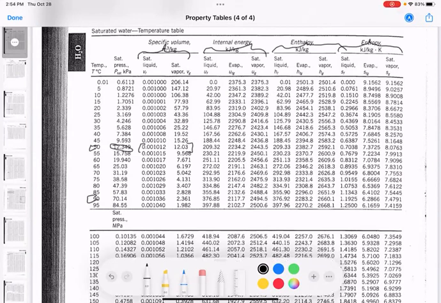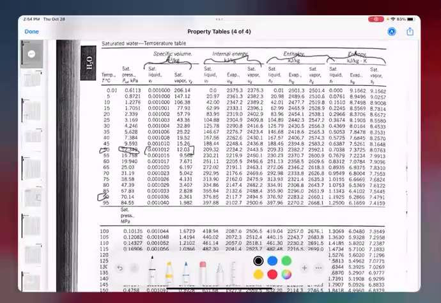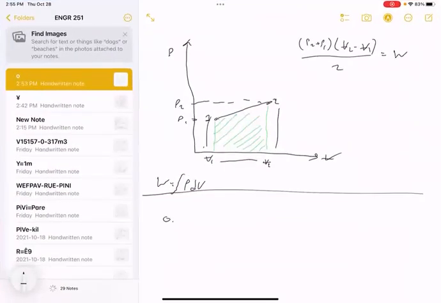So let's find out what that is. From the quality, let's just write it out, it'll be a bit clearer. 0.1, being the 10% quality, is equal to V, whatever it is we're trying to find, minus VF over VG minus VF. So all of these values except V1 are known.